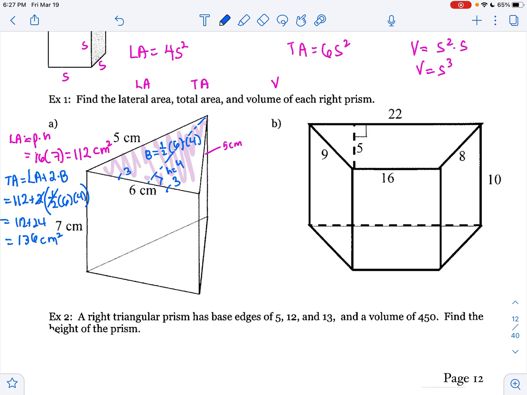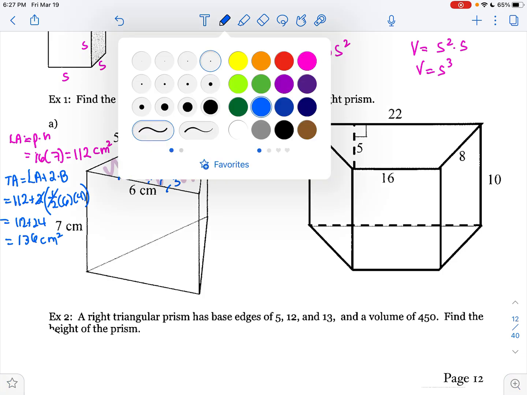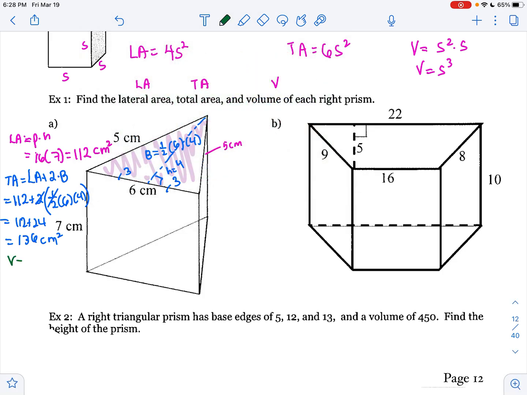And our last calculation is that of volume. So I'm going to switch colors to green here. And our volume calculation required the area of the base, one base, times the height. So in this case, the area of the base I have as 1/2 times 6 times 4. And then the height of this entire prism is represented by this lateral edge, which is 7 centimeters long.